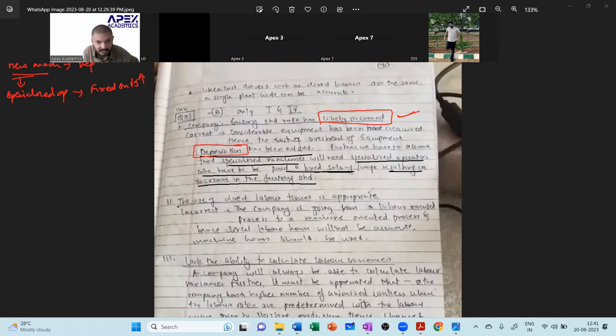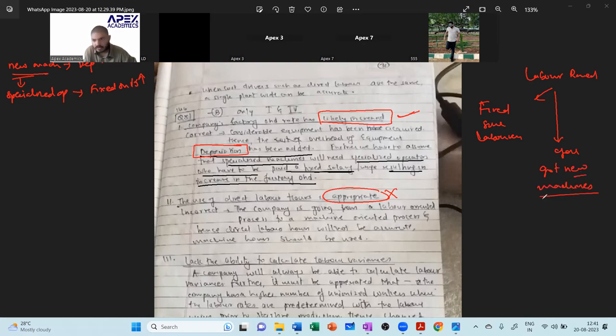The use of direct labor hours is appropriate. It is absolutely inappropriate. Why? Earlier your production was labor based. Then what did you do? You fired some laborers. And after that, what did you do? You got new machines.